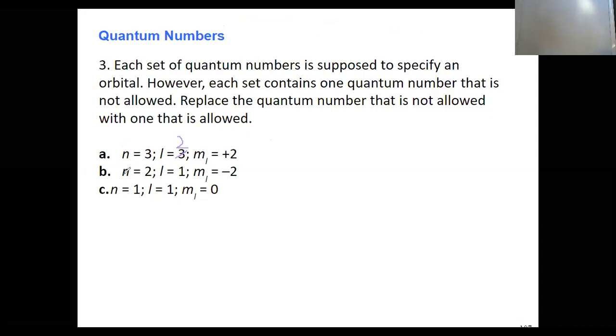If n equals 2, L can be 1, but M sub L could not be -2. So we'll cross that out. It could be -1, 0, or +1. If n equals 1, L cannot be 1, it has to be 0. Does that make sense? I feel like it should make sense.